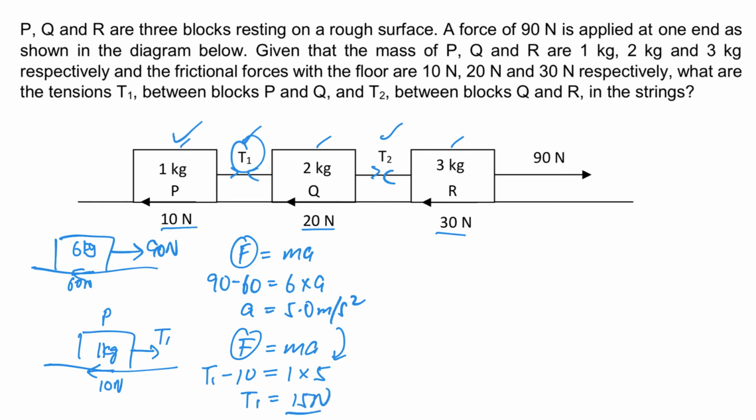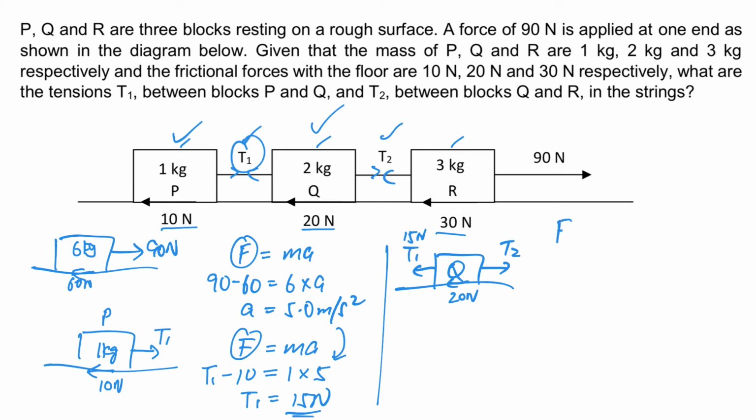So I've solved for T1, and now to solve for T2, I will be using the free body diagram of Q. So this is Q, and we list down all the forces acting, which is T2, and this will be my T1, which we found already, 15 Newton, and the frictional force of 20 Newton.